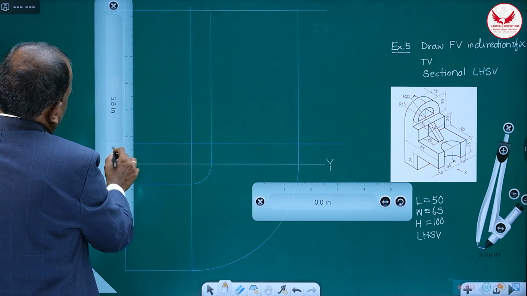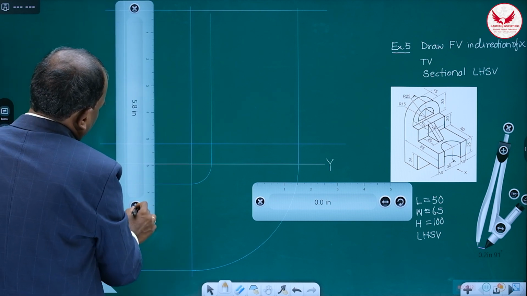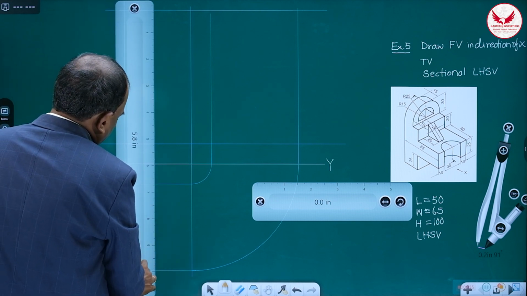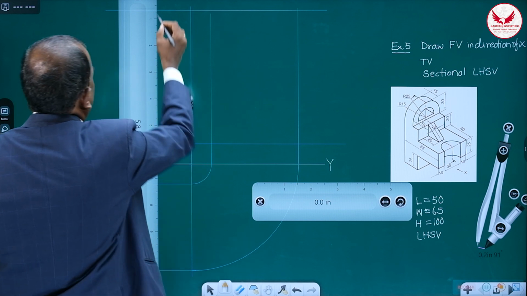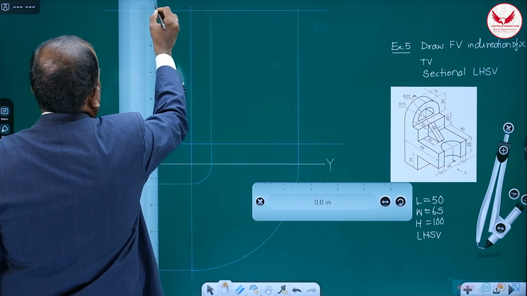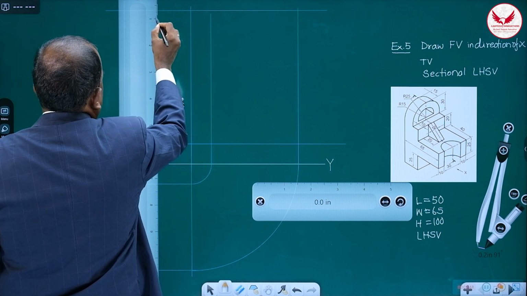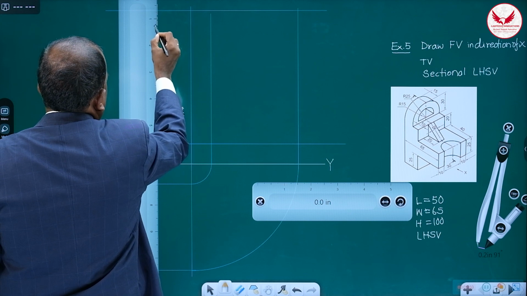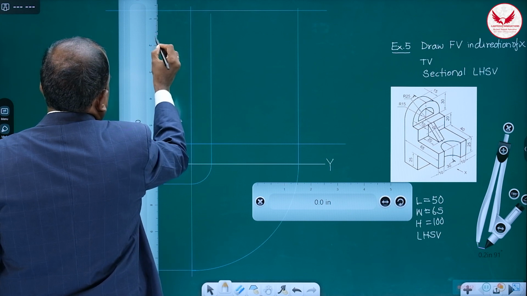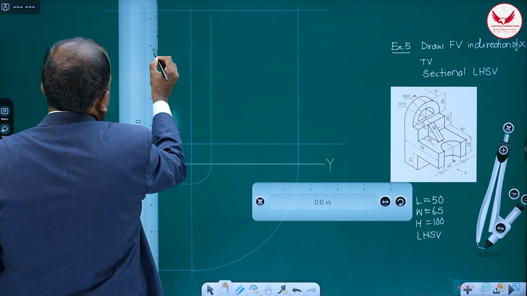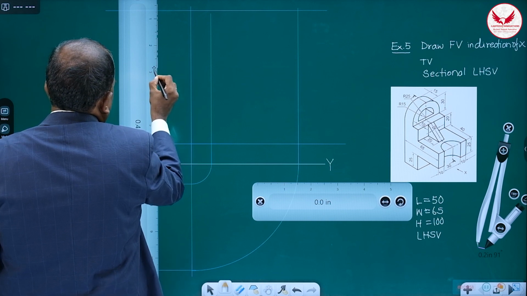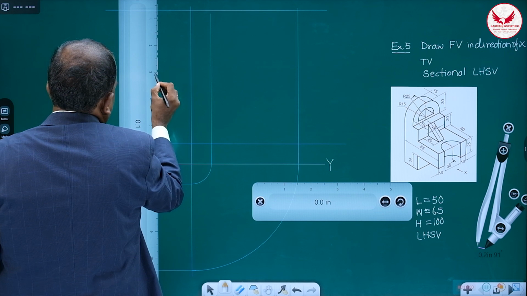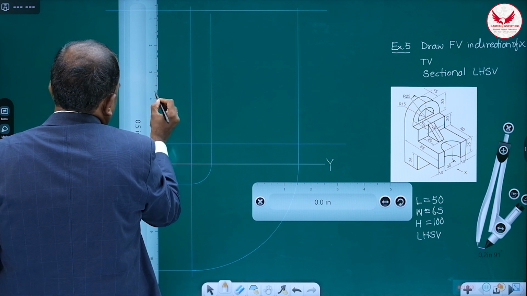The center line should always be like this. From outside the object: long dash, small dash, long dash, small dash, long dash, small dash, then long dash, small dash.